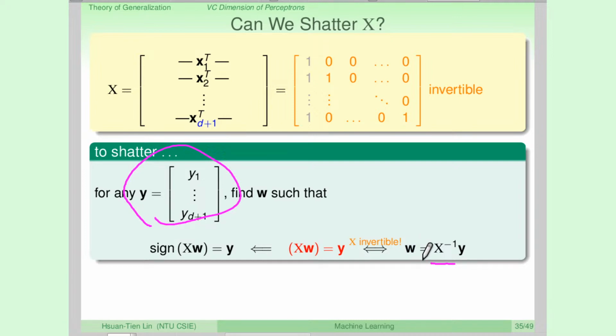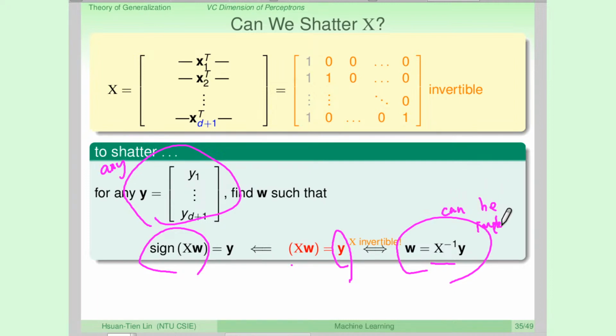I tell you this W can implement this particular dichotomy, because this W multiplied by X gets me the exact y, which gets me the exact y also after taking the sign. So any y can be implemented. And this tells us that any dichotomy can be implemented, which means shatter.